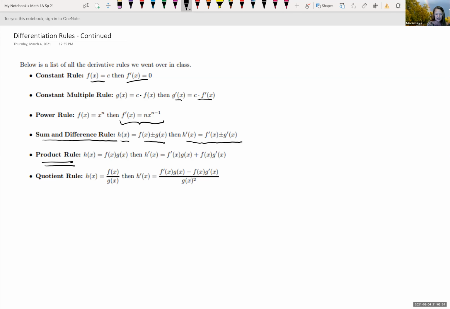If we had a function equal to a product of two functions, h of x, it's not equal to the derivative of the first times the derivative of the second. We proved it, and we looked at a couple of different examples.